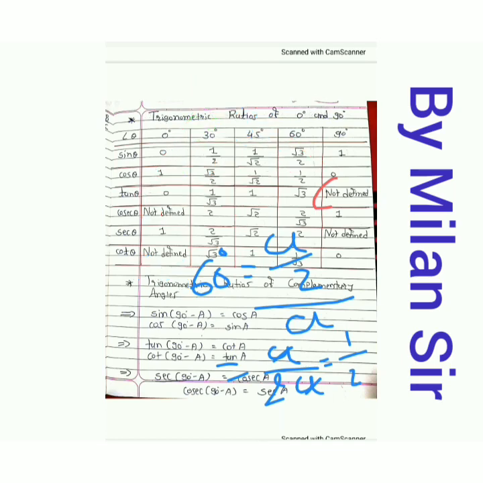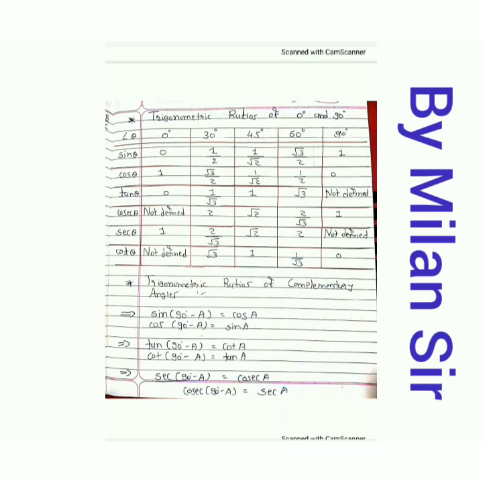Okay. So totally sin 0 done, cos 0 done, sin 30 done, cos 30 done, sin 60 done, cos 60 done. Now sin theta and 30, what is the meaning of this table? Here sin theta 30, that means sin 30 is equal to 1 by 2.